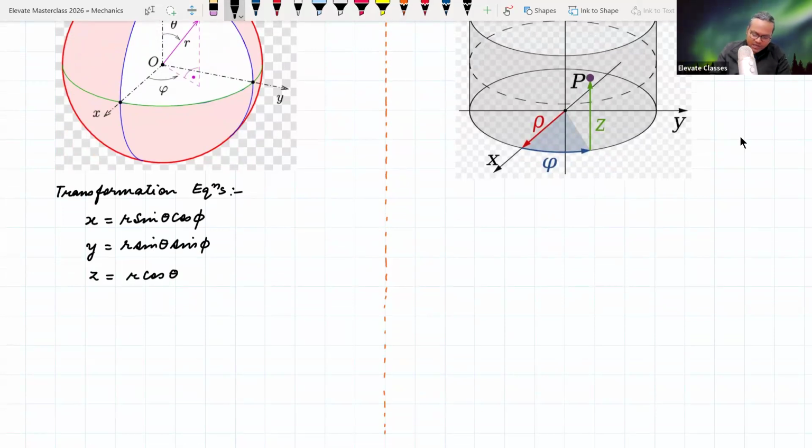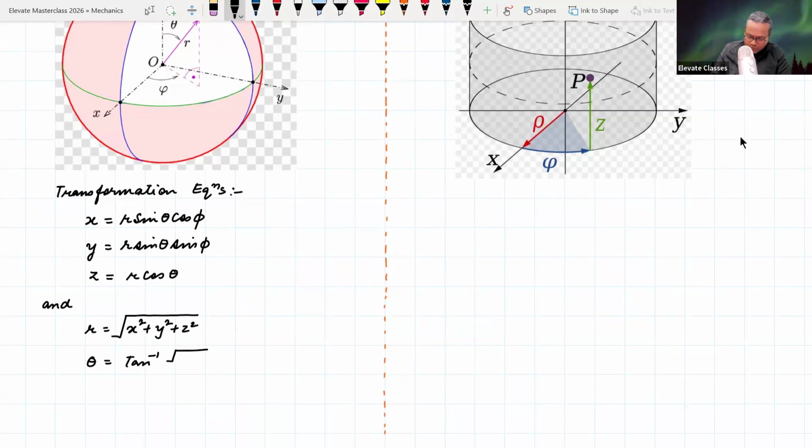The reverse transformation equations are: R is equal to root over x square plus y square plus z square, theta is equal to tan inverse of root over x square plus y square upon z, and phi is equal to tan inverse of y upon x.